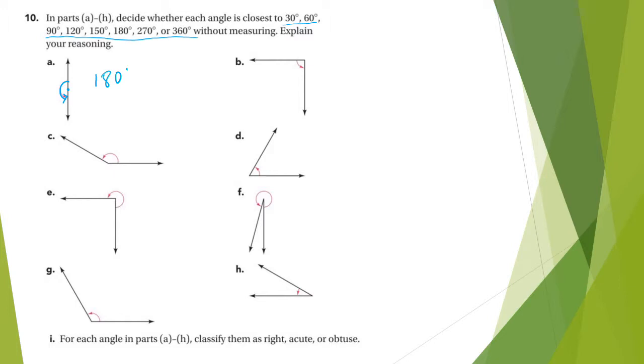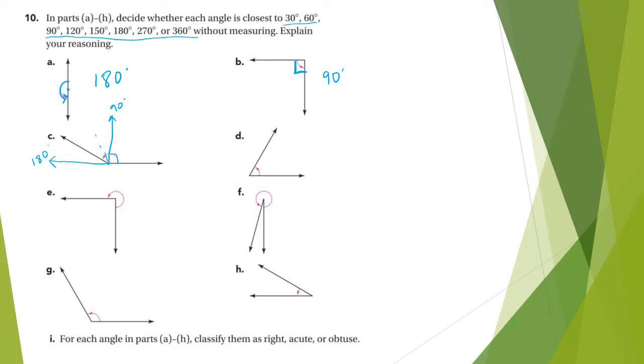In B, I notice here that this looks a little bit like a right angle, so my estimate would be that this is close to 90 degrees. For C, it might help me to sketch in some of the benchmark angles. For example, I can sketch in approximately 90 degrees. I can also sketch in 180 degrees, and that'll help me look at some of the benchmarks that might be approximate.